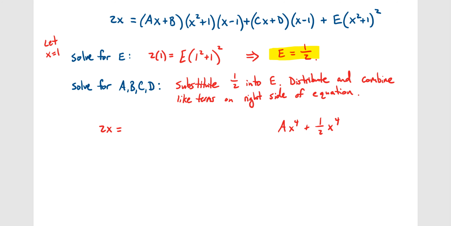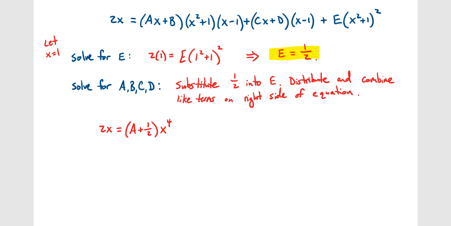Obviously, we can't combine a and 1/2 as a number, but what you do is factor out x to the 4th, and you end up getting a plus 1/2 times x to the 4th. So that's actually what we end up getting for the first term. And you have to use that little technique for pretty much all of these.